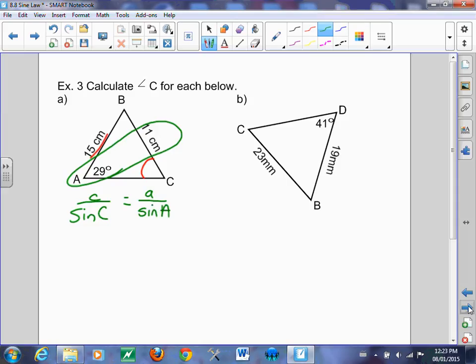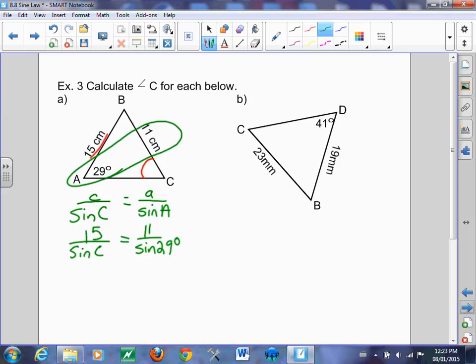Side length C is 15 over sine C, that's what we're trying to find, equals side A, which is 11, divided by sine of A, which is 29 degrees.